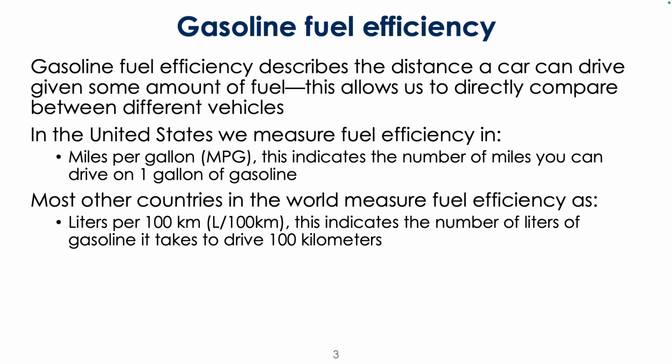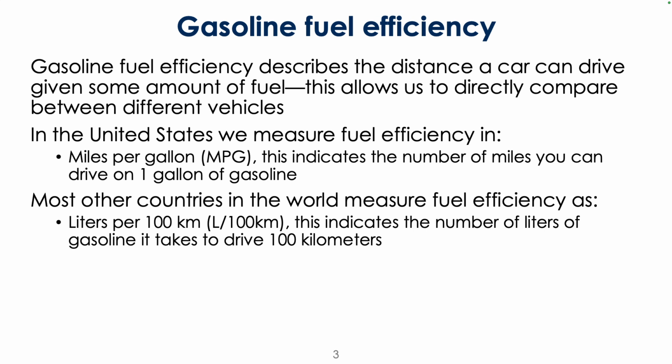I think I talked about this on the first day. In the United States, we measure fuel efficiency in MPG. Hopefully everyone's relatively familiar with this number, and that indicates how many miles I can drive on a gallon of gasoline.